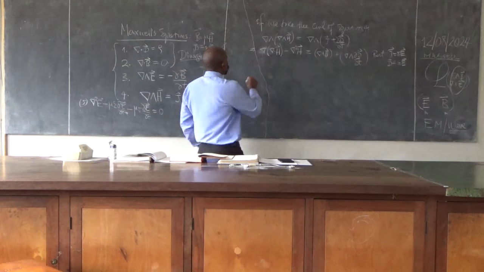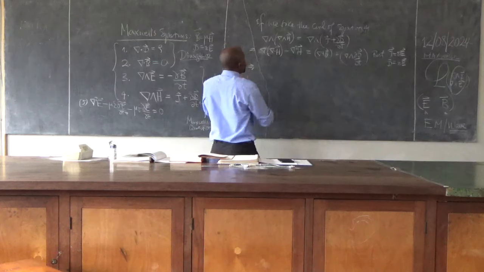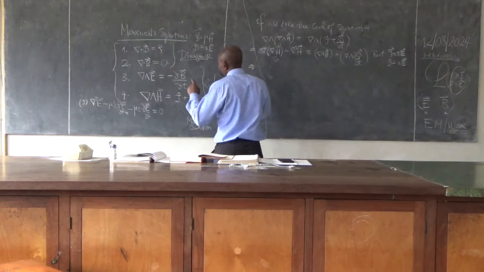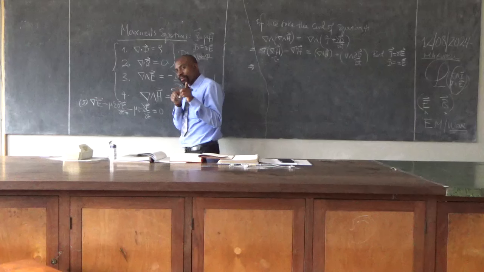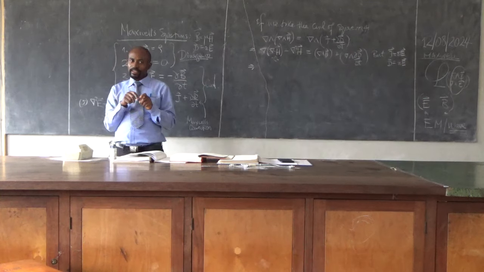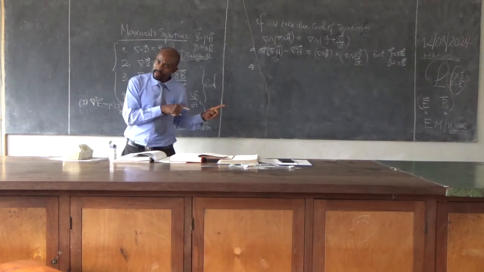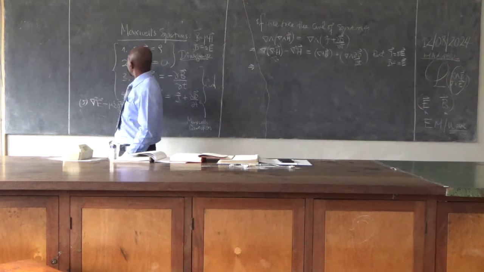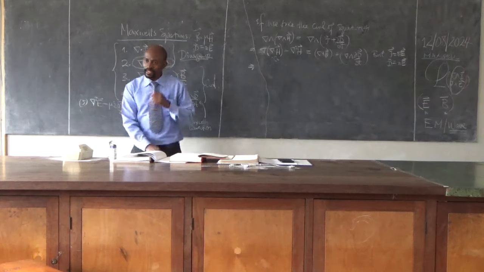And so this would imply that the other one became 0 because we are differentiating a constant. This becomes 0 because that's what the law says.